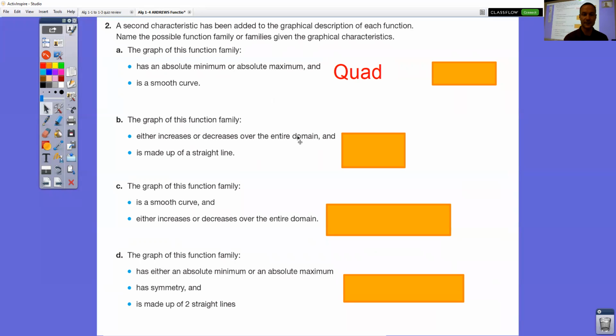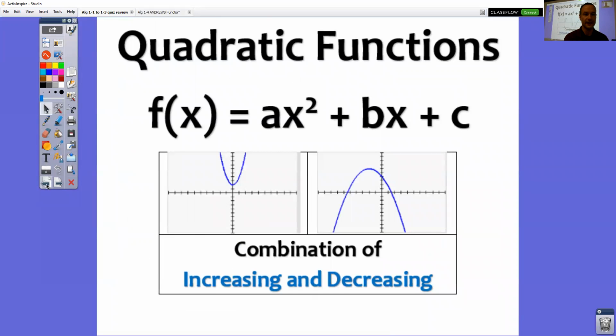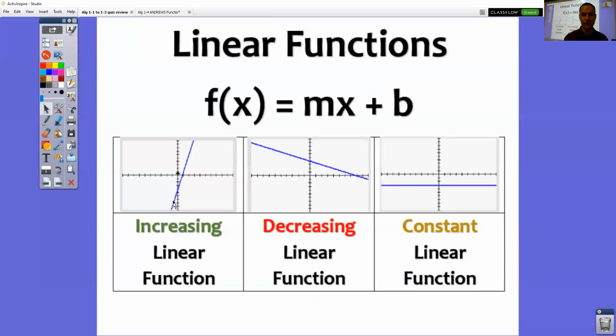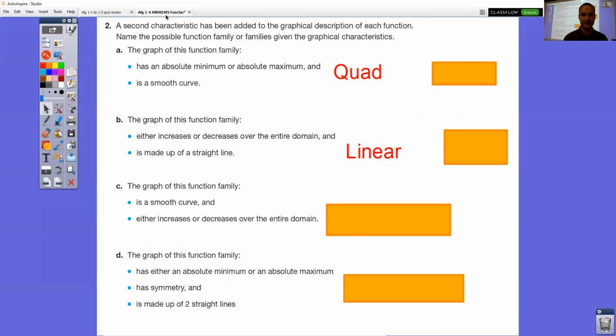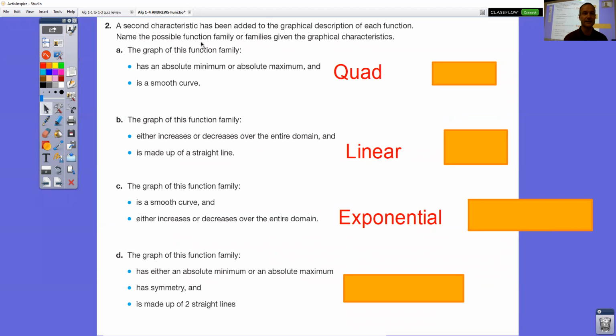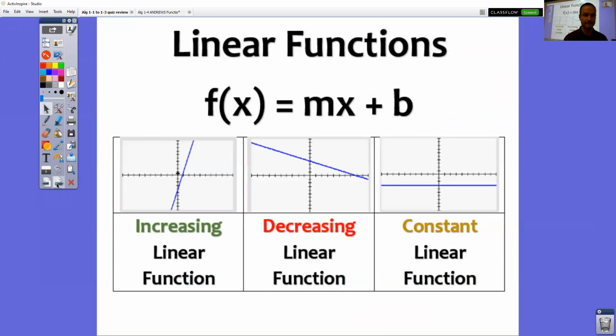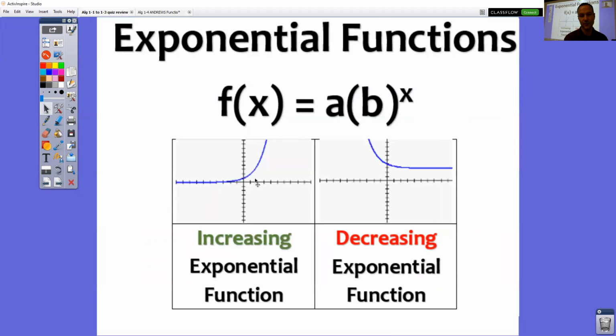Increases or decreases, so just increases or just decreases and is made up of a straight line, that is linear. Linear is just increasing or just decreasing and is a straight line. Smooth curve, so it's curved again and either just increases or just decreases, that is exponential. Smooth curve, it's curved and just increases or just decreases.